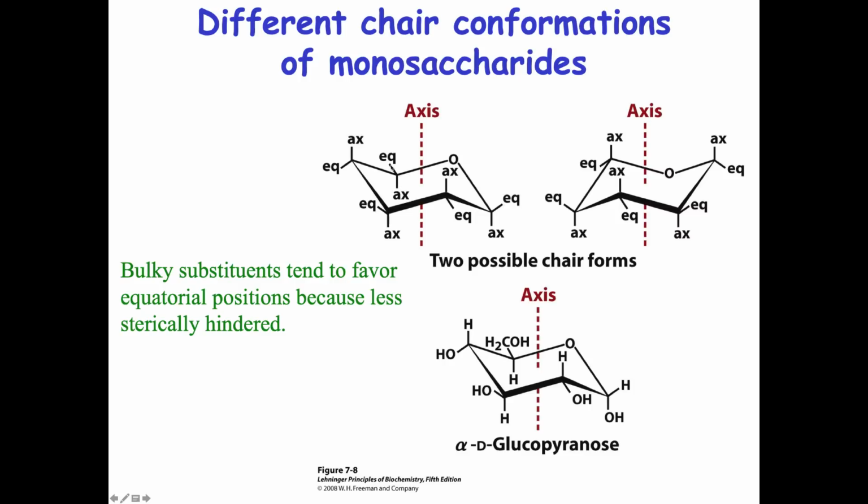Each position can adopt either an axial or an equatorial position. Axial is parallel to the axis here, and equatorial is perpendicular. In general, bulky substituents tend to favor equatorial positions because they're less sterically hindered. And here we see alpha D-glucopyranose in the chair conformation.